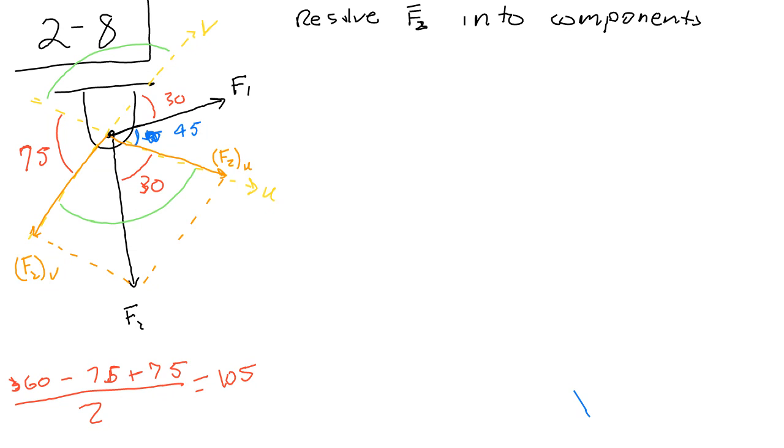Yeah, so that gives us 105. So this green angle is 105. So this here is 105. So all that just to find out that this angle here is going to be 105 minus 30. That gives us, what, 75 again? Yeah, it's 75.